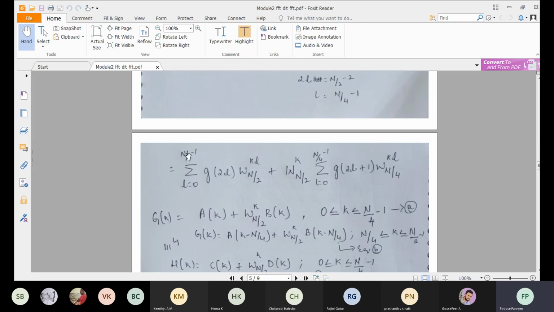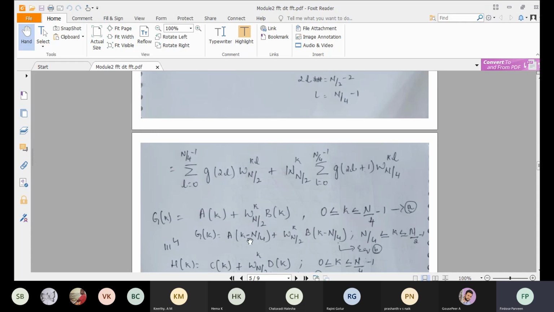So summation l equal to 0 to n by 4 minus 1, g of 2l, W n by 2 to the power of k l. After splitting we will take this one outside. So we'll be getting this, which is nothing but g of k. Again I'll take this as a of k and this as b of k, for 0 till n by 4 minus 1.